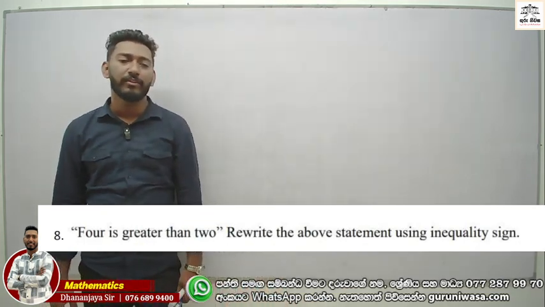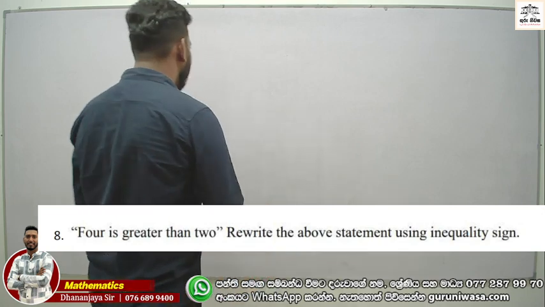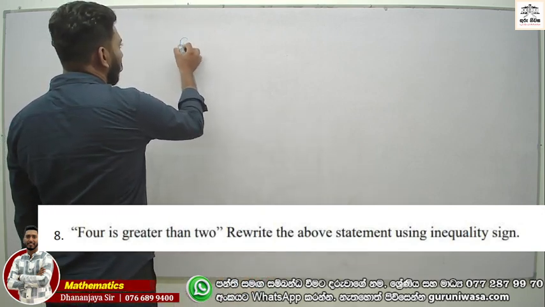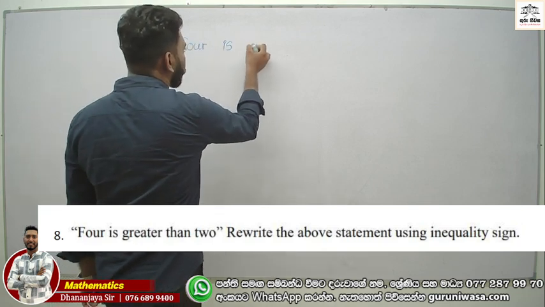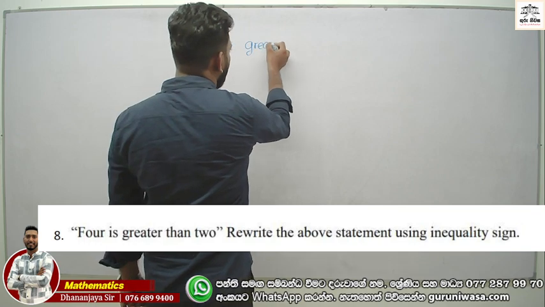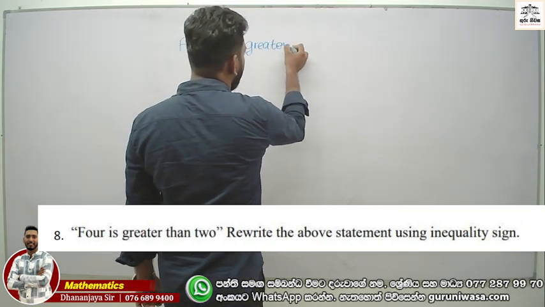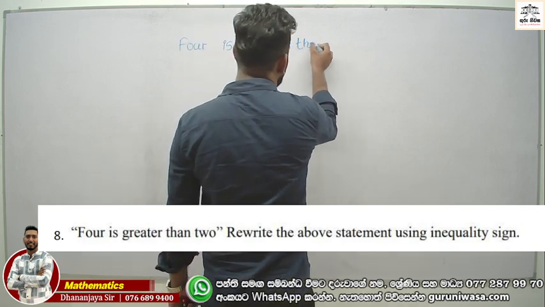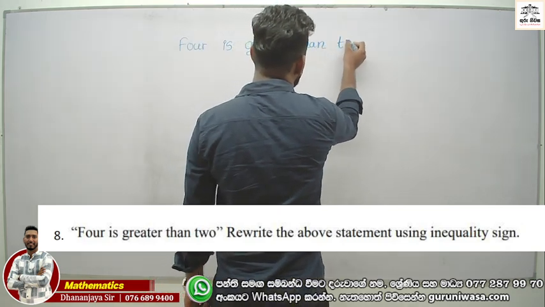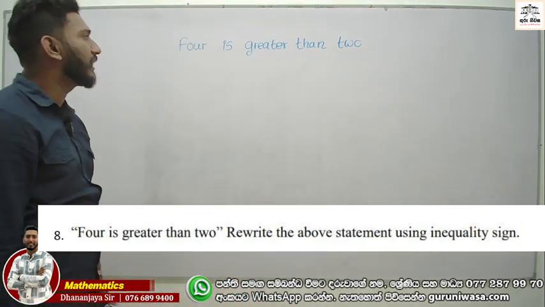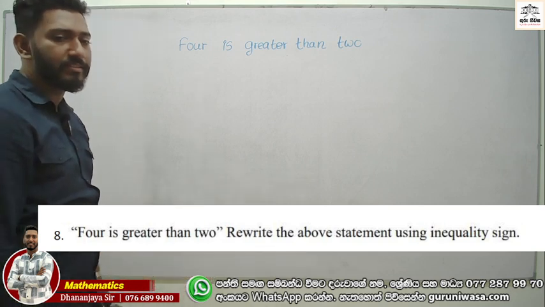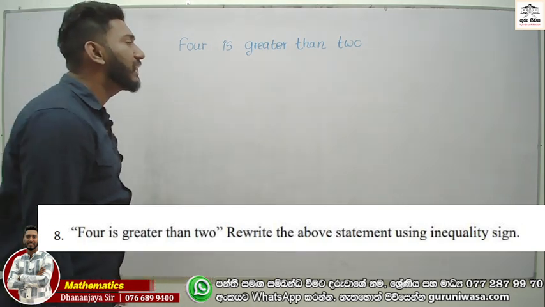4 is greater than 2. Now listen. දෙකට වඩා 4 විශාලයි. Now rewrite this statement using inequalities.